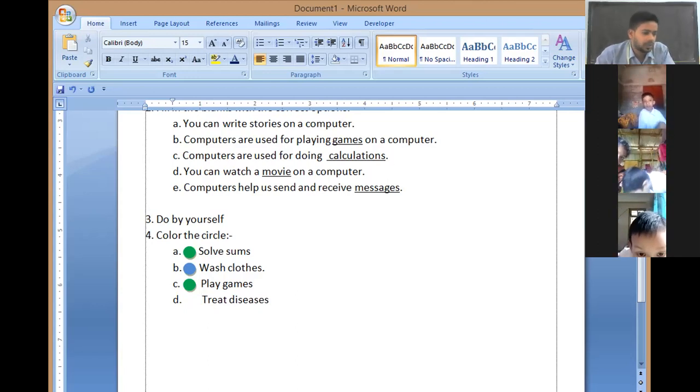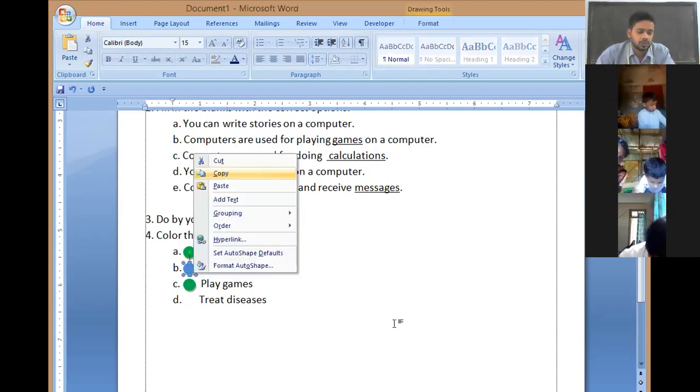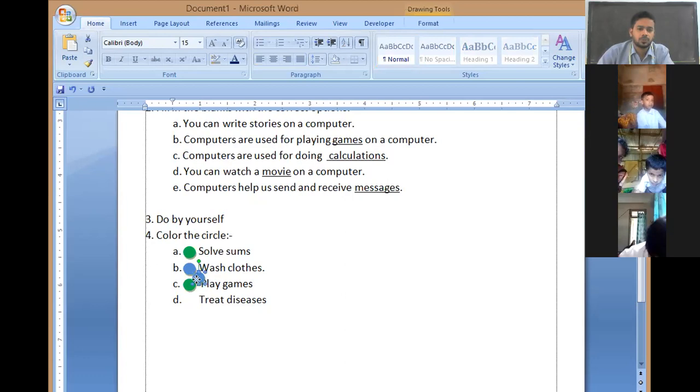A computer cannot treat disease. We can diagnose the condition of the patient, but the computer itself cannot treat any disease. So it will be colored blue only. So we put one.